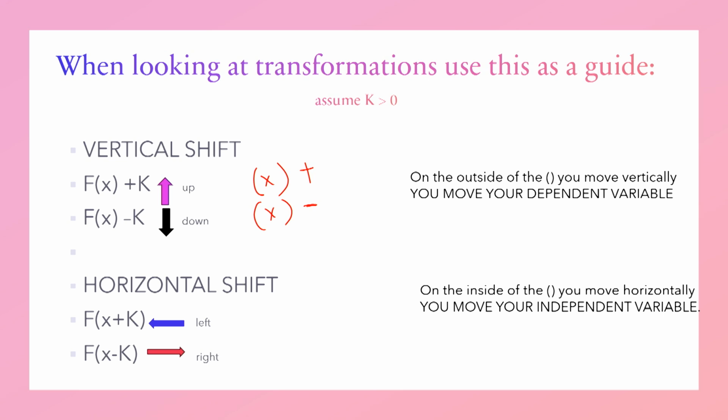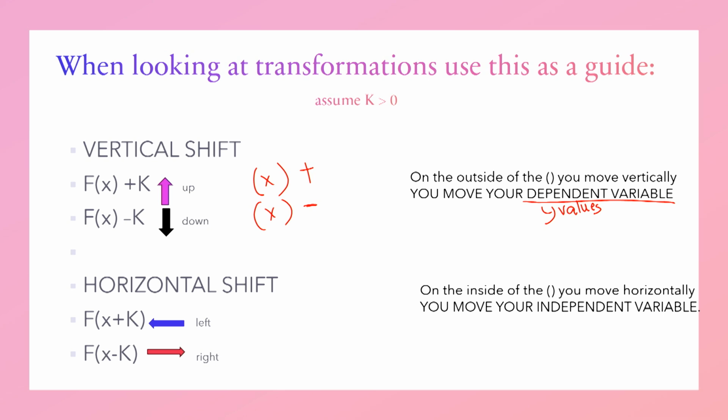You're moving your y values, or your dependent variables. When I have that horizontal shift, which is left and right, I am moving the independent variable. On the inside of the parentheses, you move horizontal, you move your independent variables.